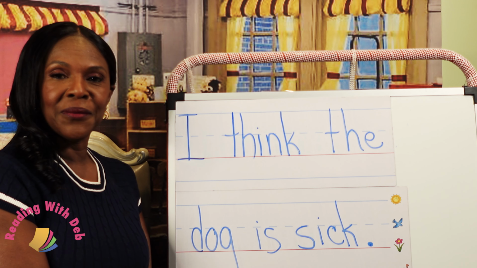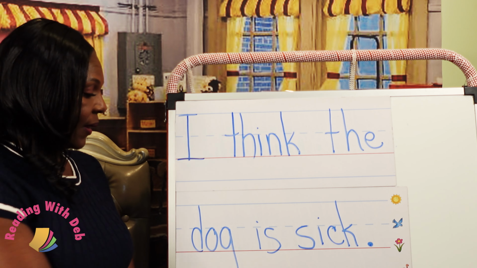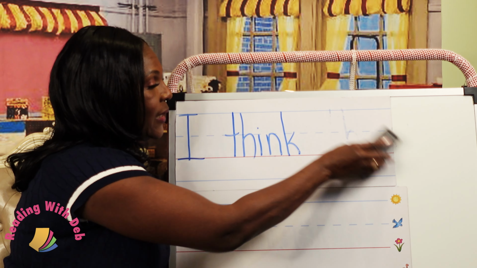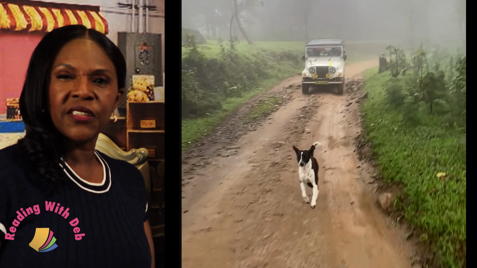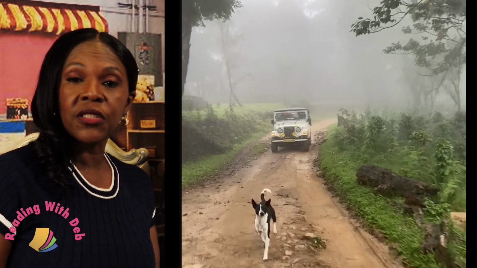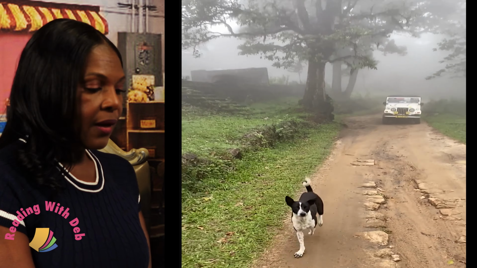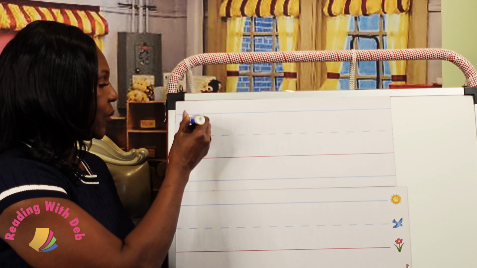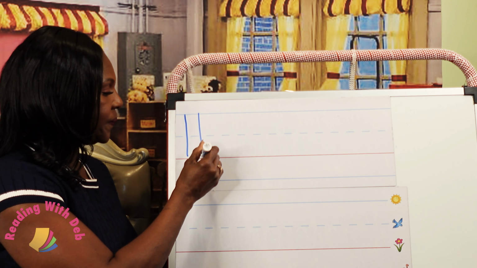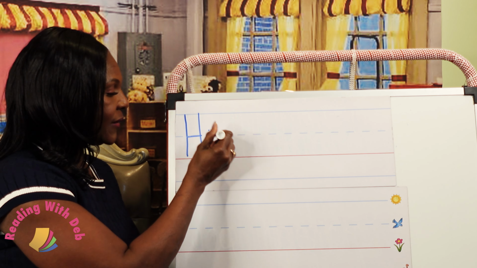Number 9. The sentence is, his dog ran on the path. His dog ran on the path. His is the first word, uppercase H, I, S. That's one of our sight words.